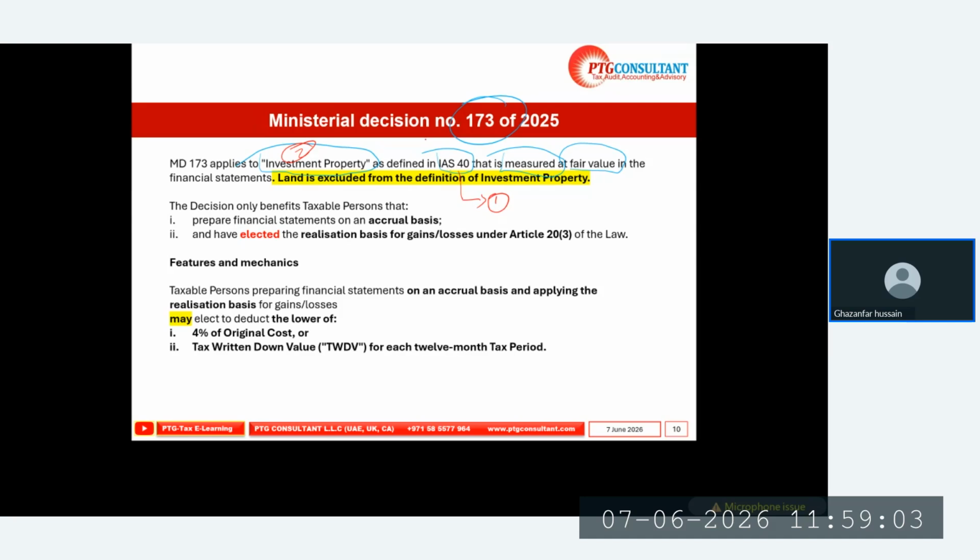Then under investment property, the next is the measurement rule, the valuation rule, the recording rule. The fourth point is the fair value, not the cost model, right? So if our properties are at fair value in the financial statements, these are the 4 points we are initially assessing.